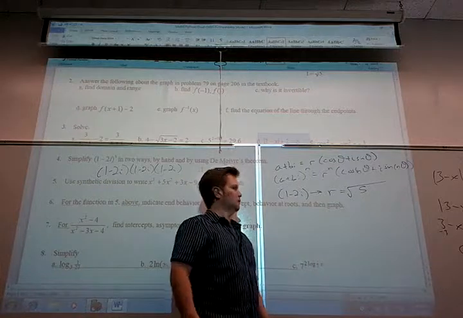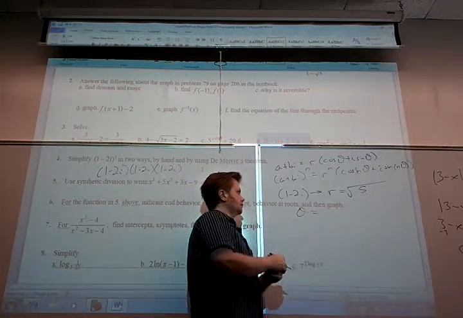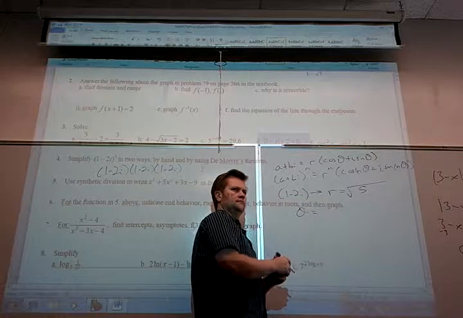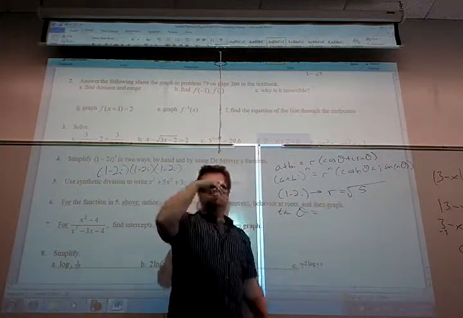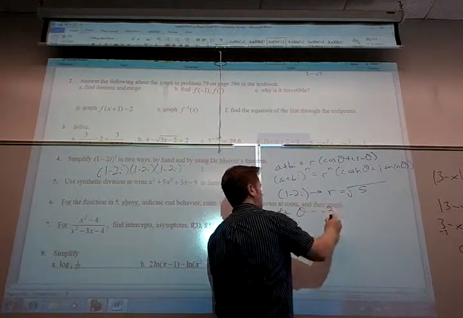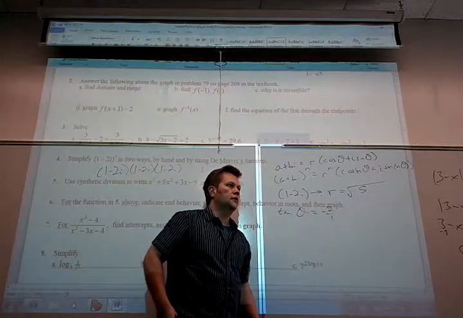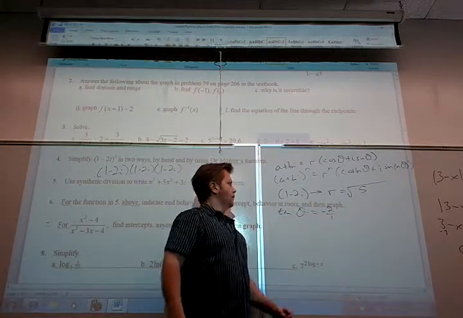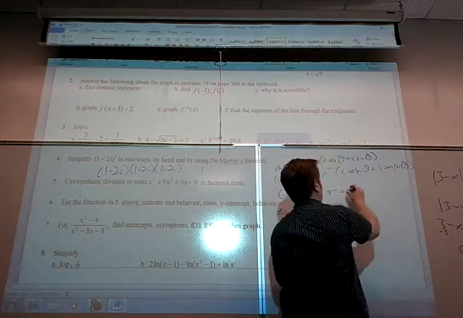So r is root 5. And how do I get theta? Inverse tangent of y over x. Yeah, so tangent theta is negative 2 over 1, complex over real. So negative 2 over 1. So this piece here is, where did you get the root 5?